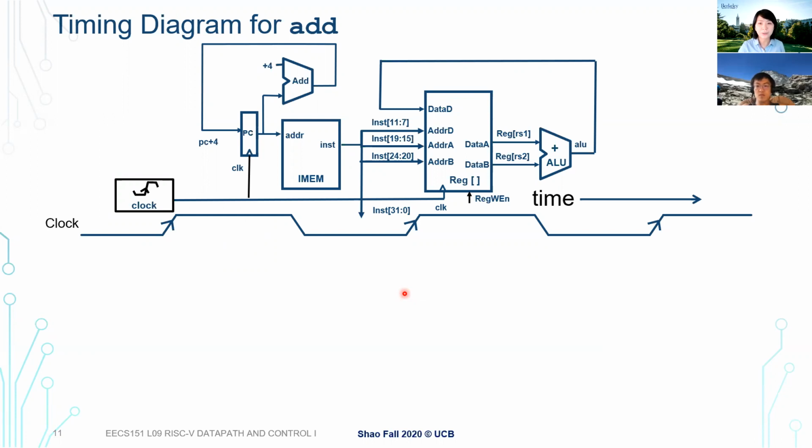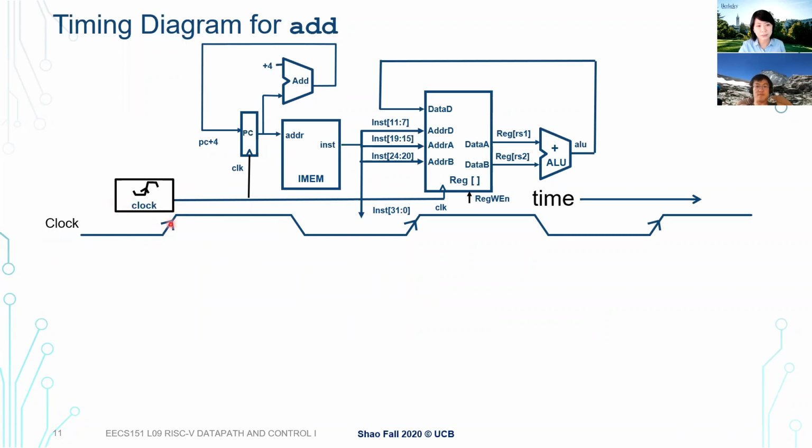If we look at the current datapath, we only have two clocked state elements, the program counter and the register file. Let's say this is our clock signal, and the rising edge transition is here.